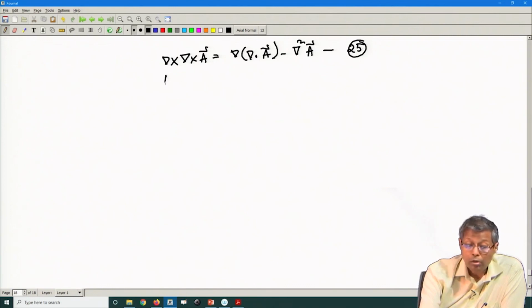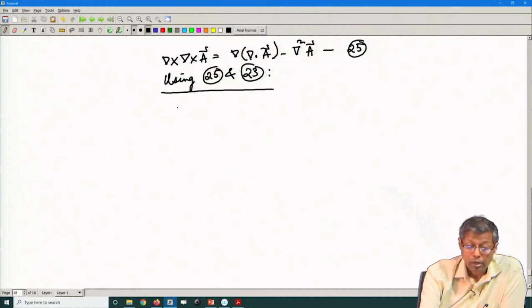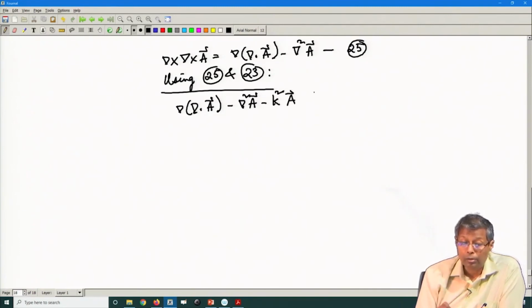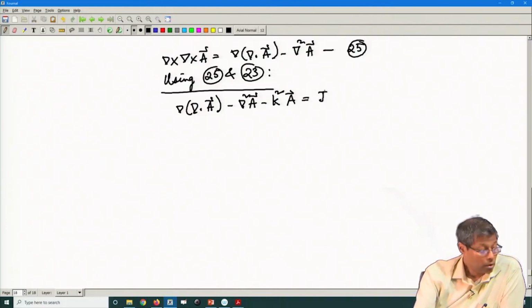So, using 25 and 23, now we get grad of divergence A minus grad square A minus k square A equal to j minus j omega epsilon grad of phi.